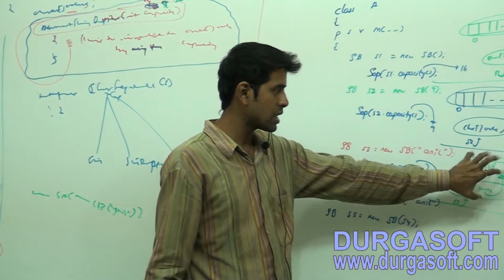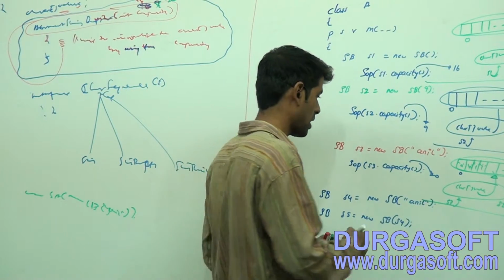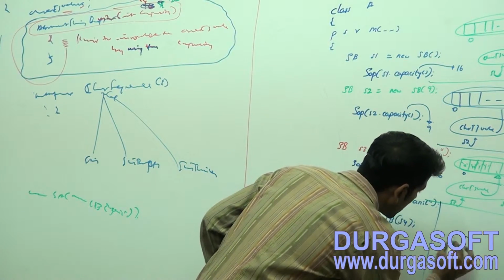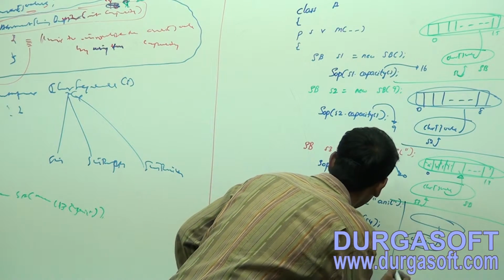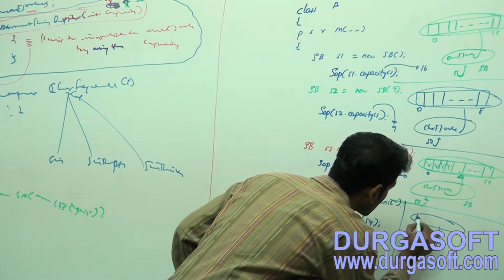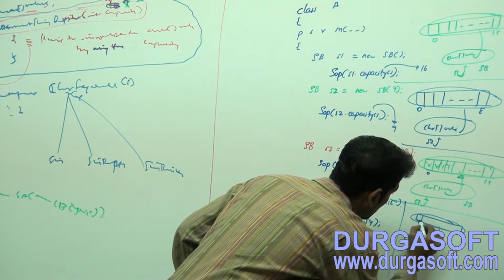Because of this one, once again you will have the same representation: char array value having how many blocks? 20 blocks. Having how many blocks, guys?